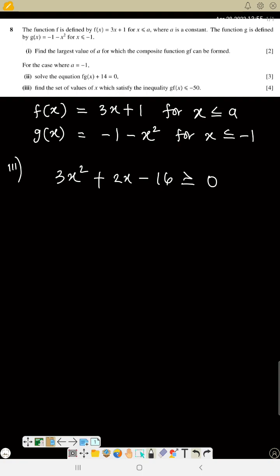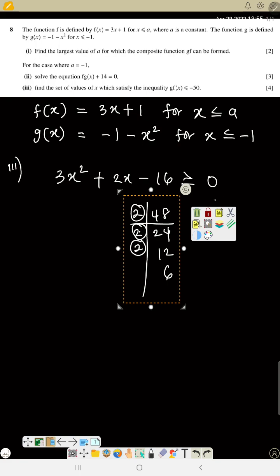What are the numbers that multiply to give 48 and, if you add, give 2? 2 times 24 is 48. 2 times 2, 4, 4 times 12 is also 48. 8 times 6 is also 48. So between 8 and 6, I can get 2.